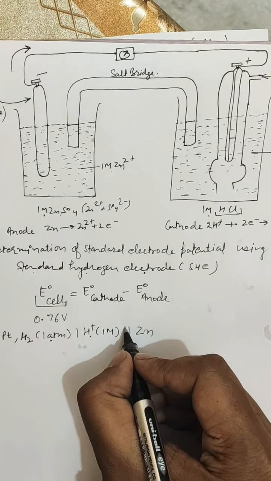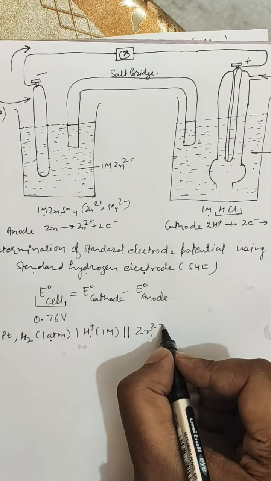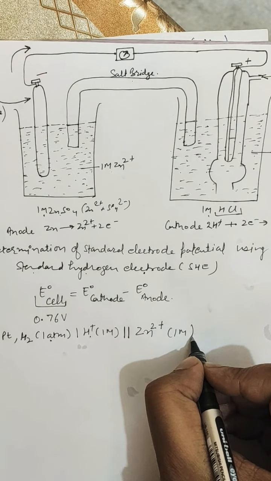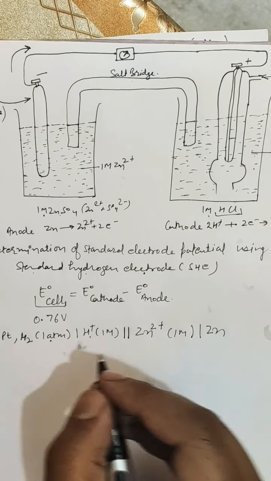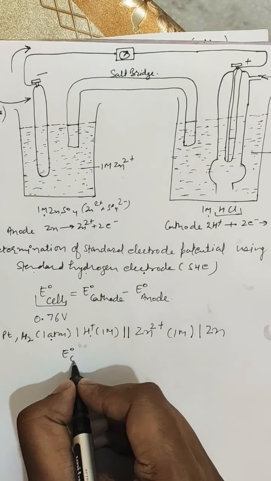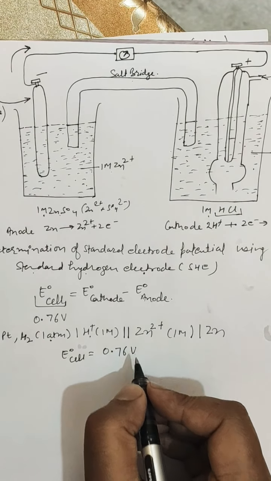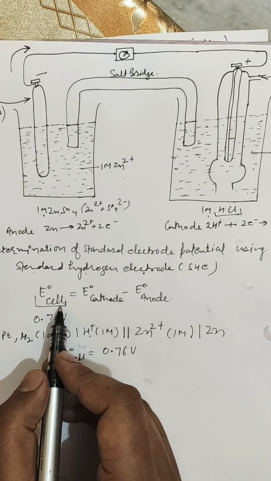Further, the double parallel line indicates the salt bridge, then Zn2+ 1 molar, and then zinc. So E naught of the cell comes to be the potential difference, that is 0.76 volt. Further, E naught of the cell is calculated by this formula.